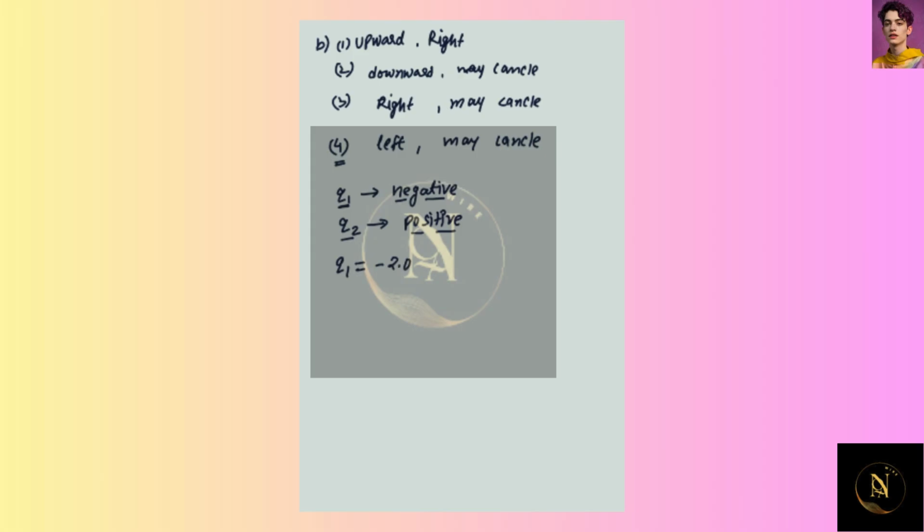So we can write that Q1 equals minus 2.00 microcoulomb, Q3 equals plus 4.00 microcoulomb, and Q2 is greater than 0. This is the answer for part B of the problem: Q1 is negative and Q2 is positive.